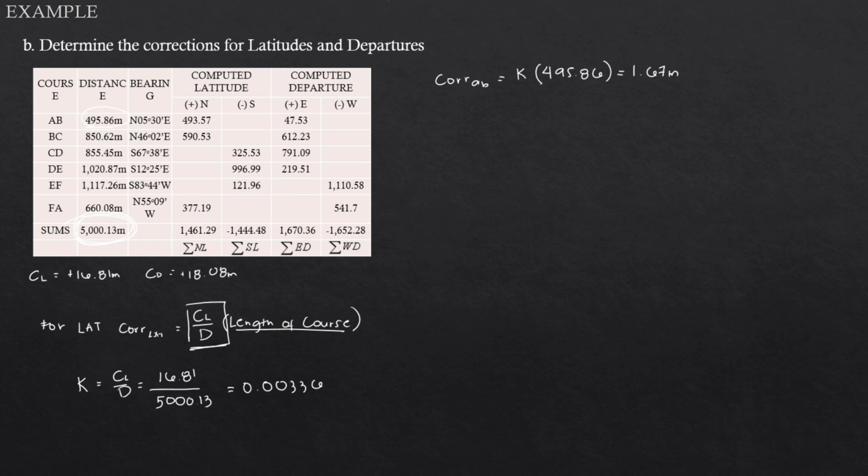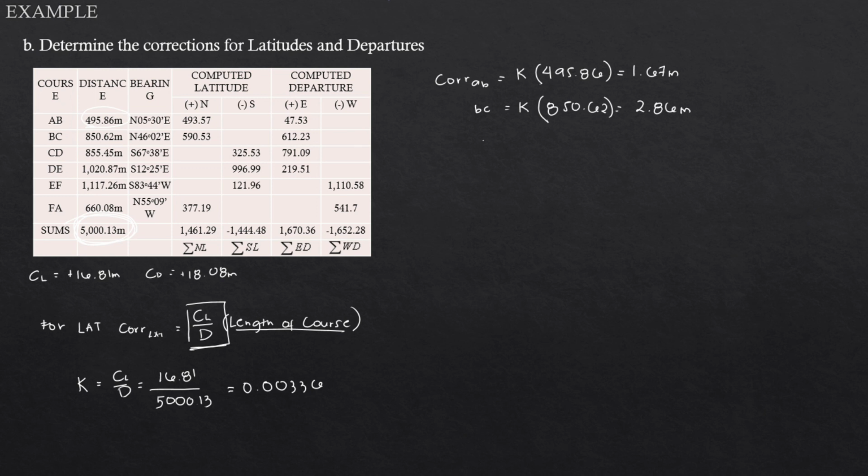Then, correction natin sa BC is equal to yung K or CL over D times length or distance natin, 850.62. Ngayon, it is equal to 2.86 meters.